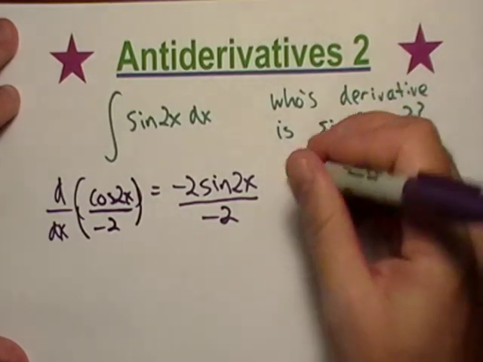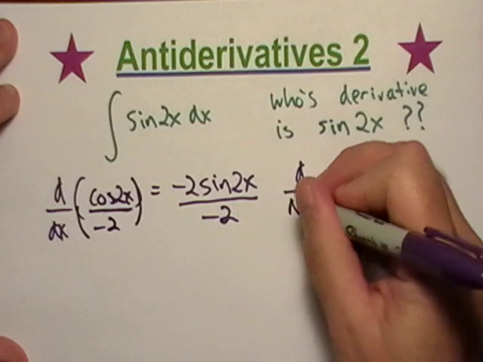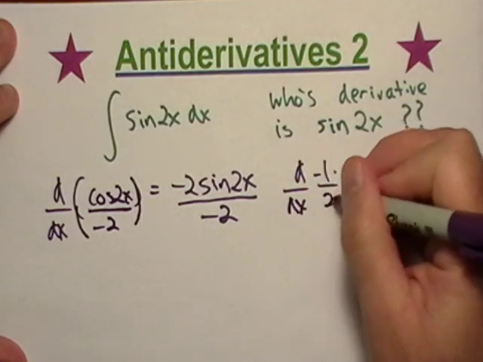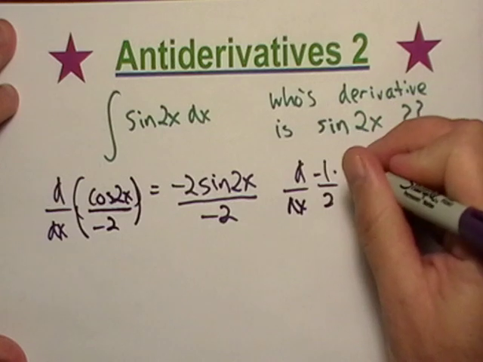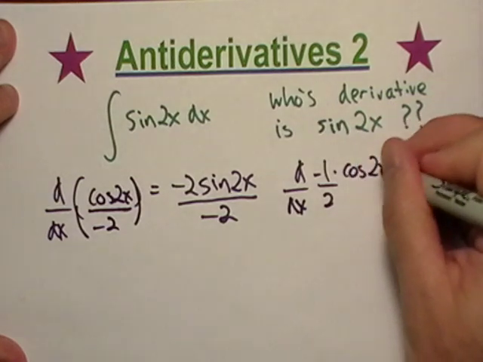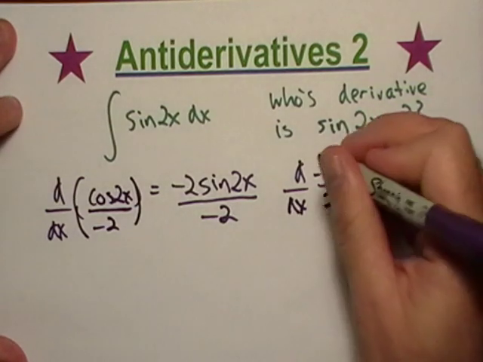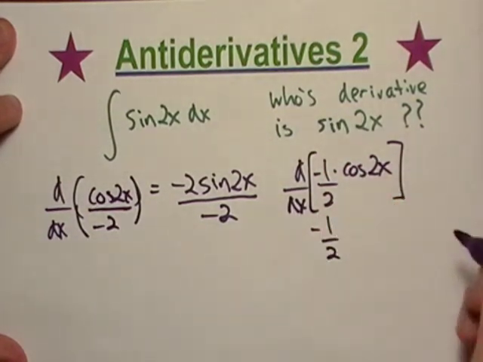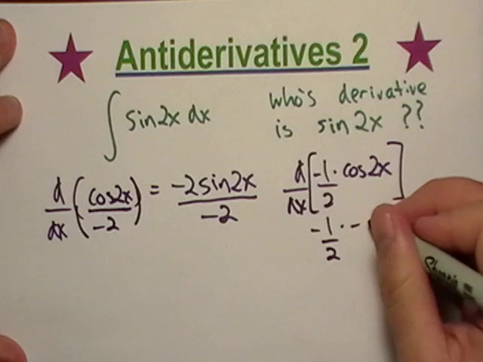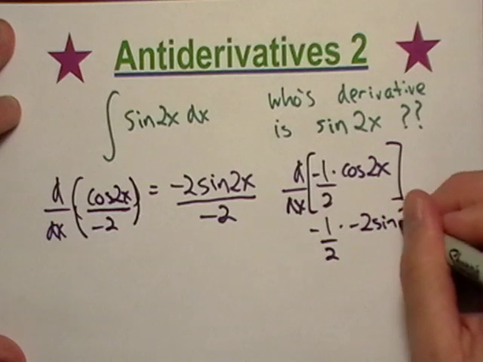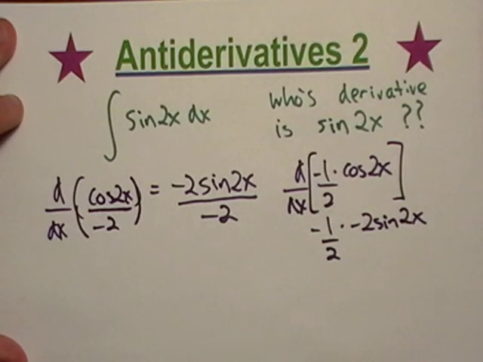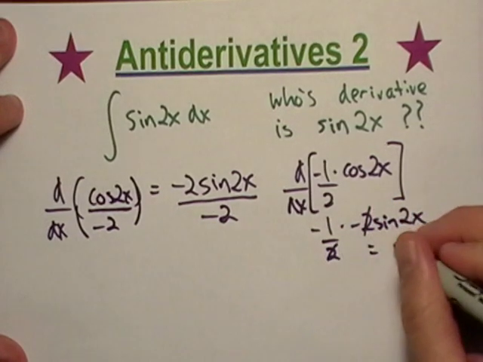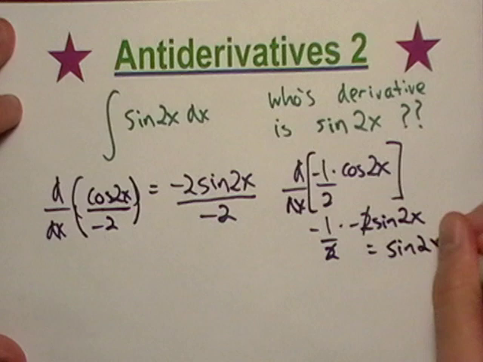Here I'll show it to you just in case you don't believe me. I'll do negative 1/2 times cosine of 2x. If I take the derivative of that, what do I get? I get negative 1/2 multiplied by negative 2 sine 2x, and the 2's will cancel, and a negative times a negative is a positive.